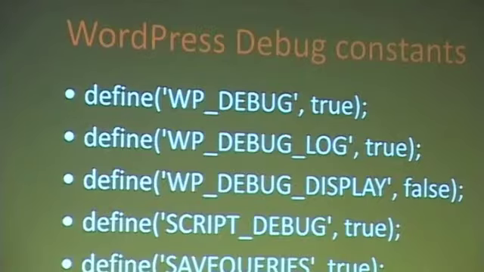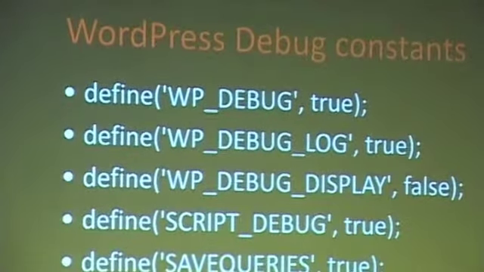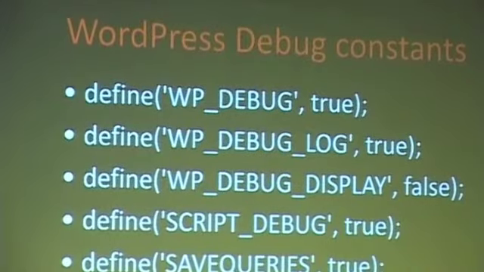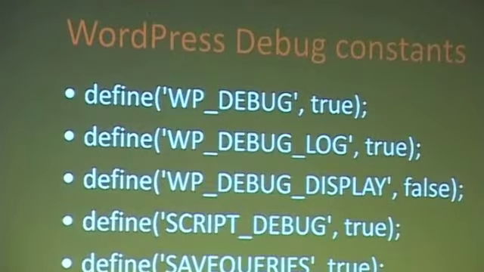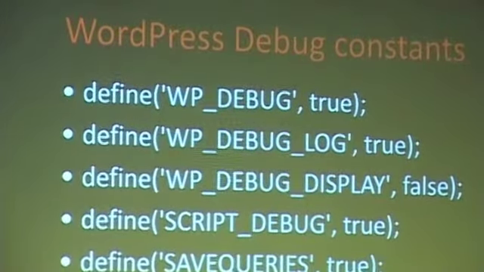These are WordPress debugging constants. So WP_DEBUG, WP_DEBUG_LOG, WP_DEBUG_DISPLAY, and SCRIPT_DEBUG. What WordPress does is, there are a lot of JavaScript files in WordPress. So when serving a site, it will compress all the files.